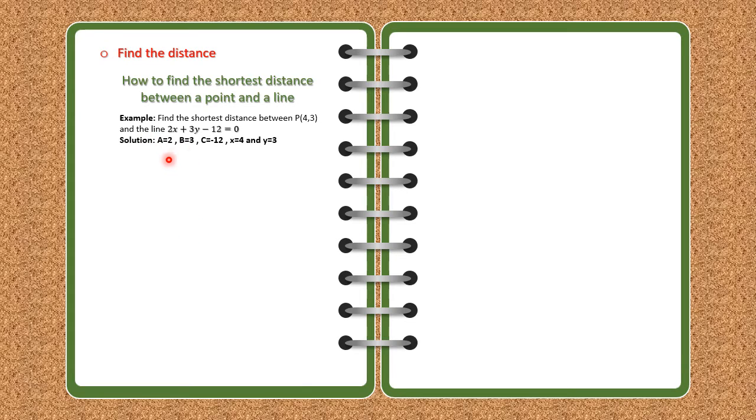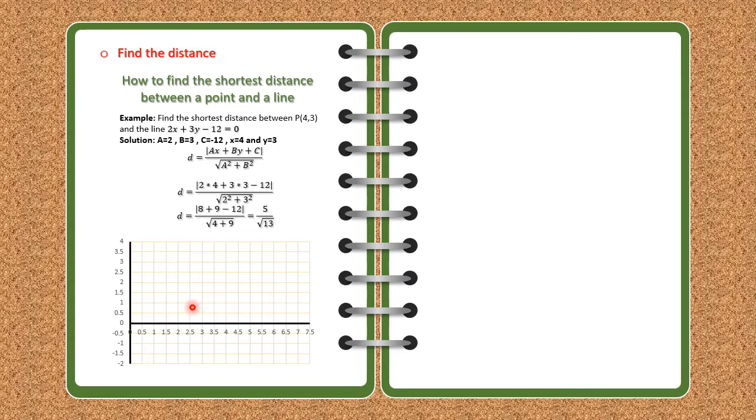First, I need to identify my a, b and c. a equals 2, b equals 3, c equals negative 12, and x and y from this point, 4 and 3. This is the formula. I will substitute these values here to get d equals 5 over the square root of 13.